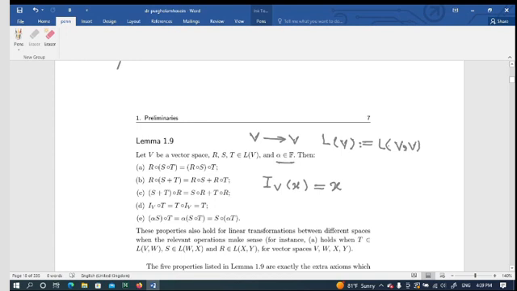I_V is the identity mapping, or identity. This is a transformation too. So the combination of identity mapping, I_V∘T equals T∘I_V and equals T.